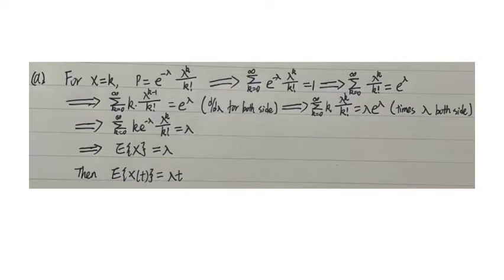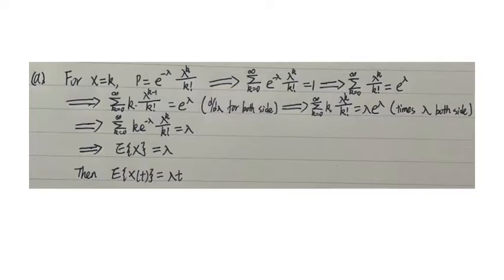Then we take the derivative with respect to lambda on both sides. We can get that k times lambda to the k minus 1 divided by k factorial equals e to the lambda. Then we multiply by lambda on both sides. We get k lambda to the k divided by k factorial equals lambda e to the lambda.